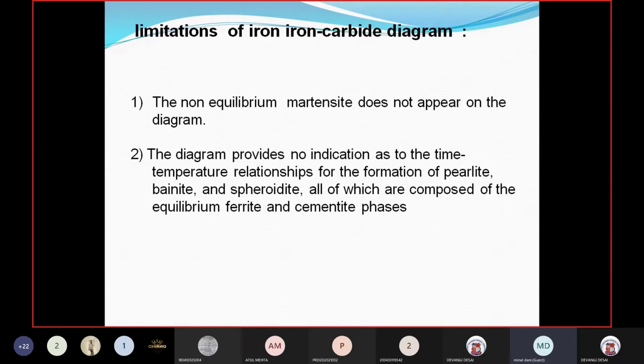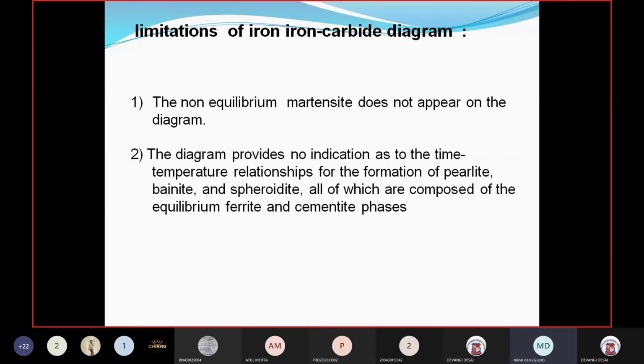So when you see the iron carbide diagram up to the steel region, up to 2% of carbon, the major reaction at room temperature is your eutectoid reaction. So in the eutectoid reaction, you know about the ferrite, pearlite and cementite.